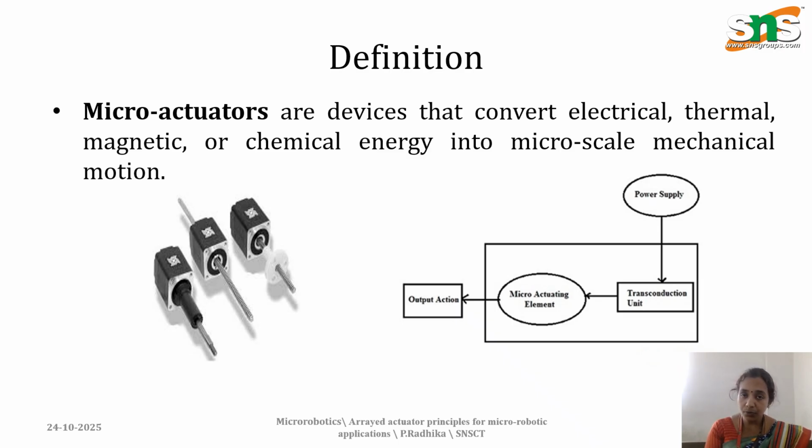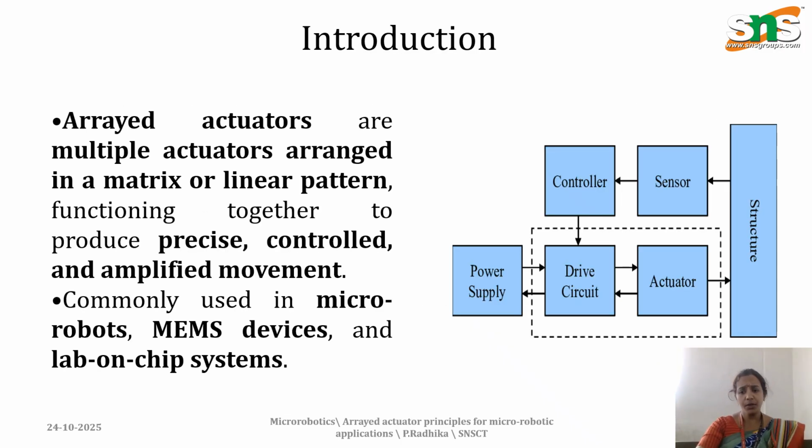That sensed information is electrical information which is sent to the microcontroller, and then the microcontroller gives the instruction to the actuator or the motor to pick the object. So every electrical signal is converted into mechanical motion, which is called the micro actuator. So here we have the block diagram of an arrayed actuator.